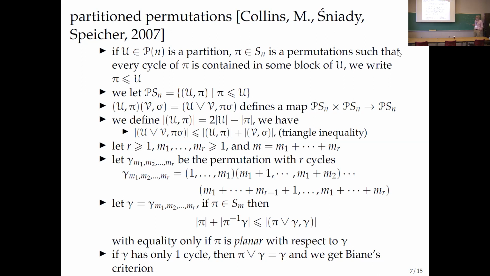You can put a length function on these objects. So you take twice the length of the partition and you subtract the length of the permutation. Okay, that looks a little weird, but it has some very nice properties. And then you have the triangle inequality.